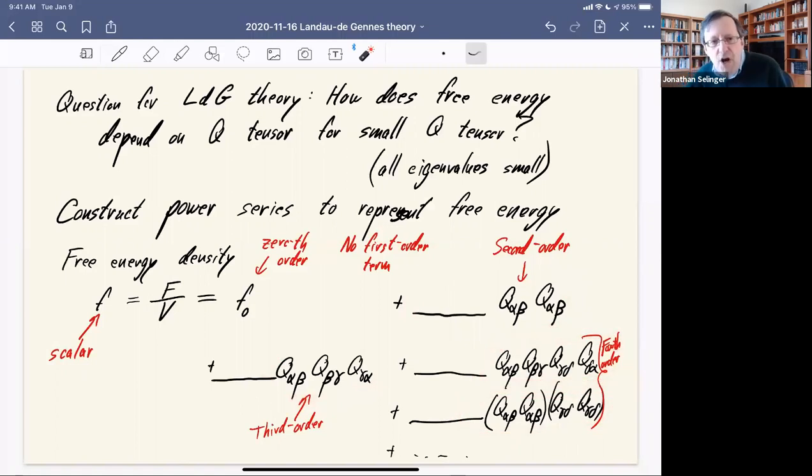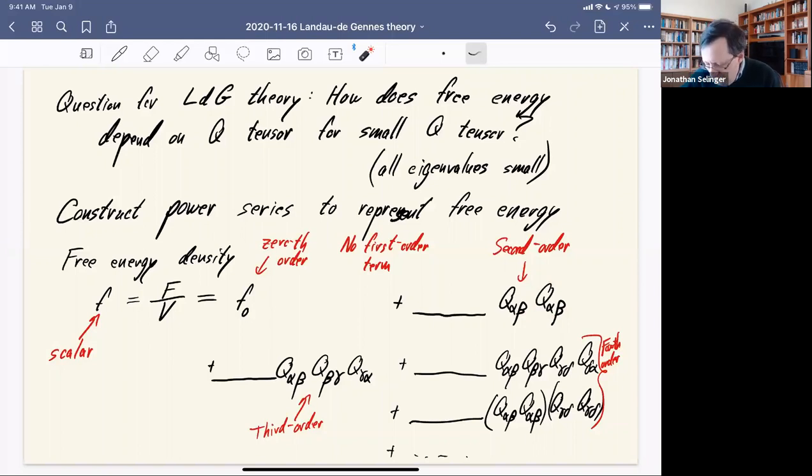Okay, so now the next step in the logic is to say, suppose this tensor order parameter, the Q alpha beta, is related to the magnitude and direction of the nematic order.